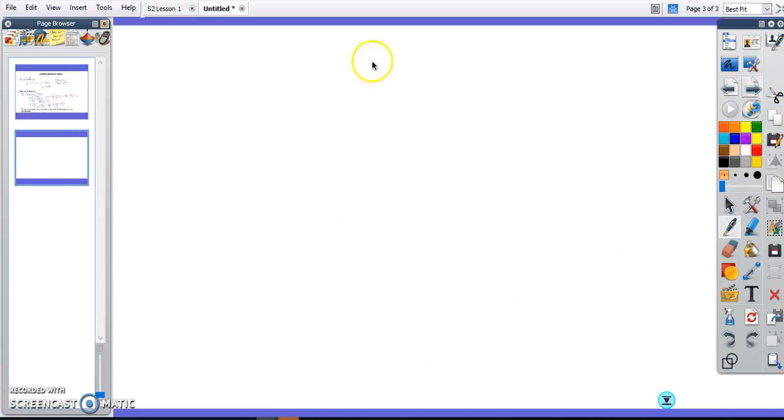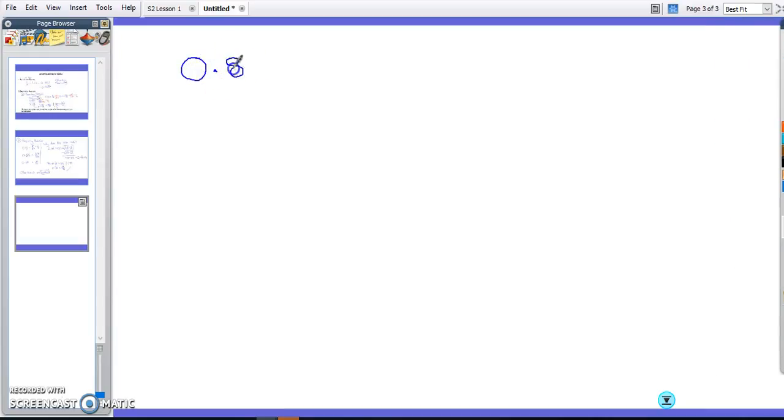What if we had 0.8 and then 6 recurring? How would I turn that into a fraction of the form a over b? Because it is a recurring decimal, but it has this extra 8 at the beginning. You won't be asked to do this very often, but I just want to make sure that you can.